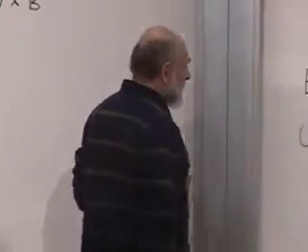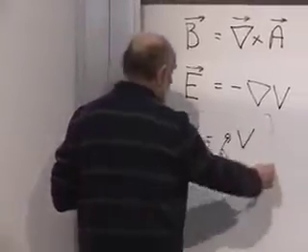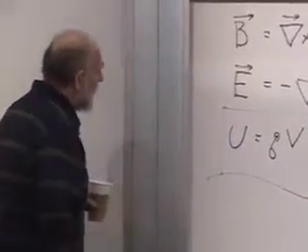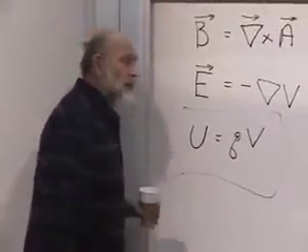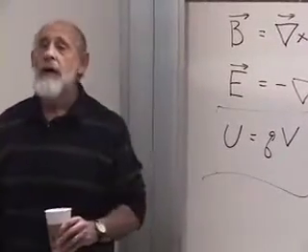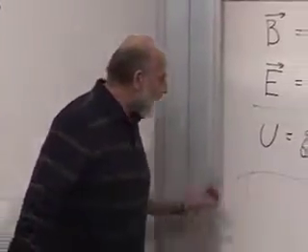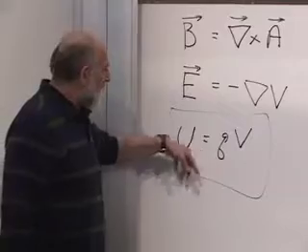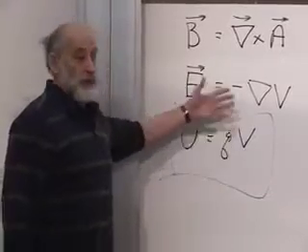This is a convention to some extent that instead of writing U, we write V, but then multiply it by Q to find the potential energy of a charge. But it also tells us that, all things being equal, the force and the potential energy on a charge is proportional to the charge.